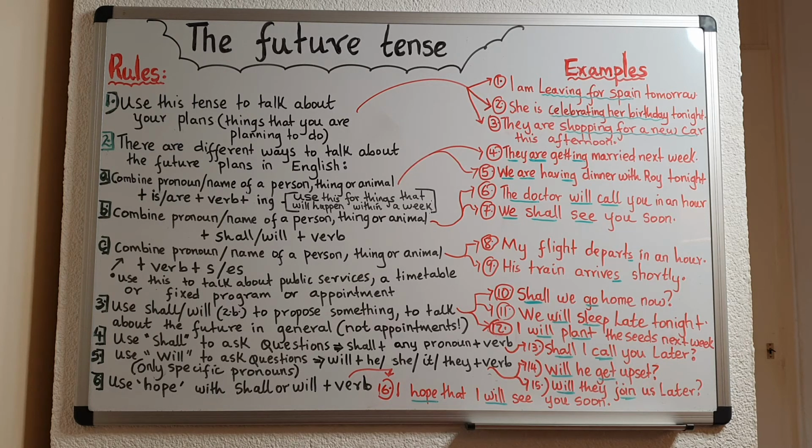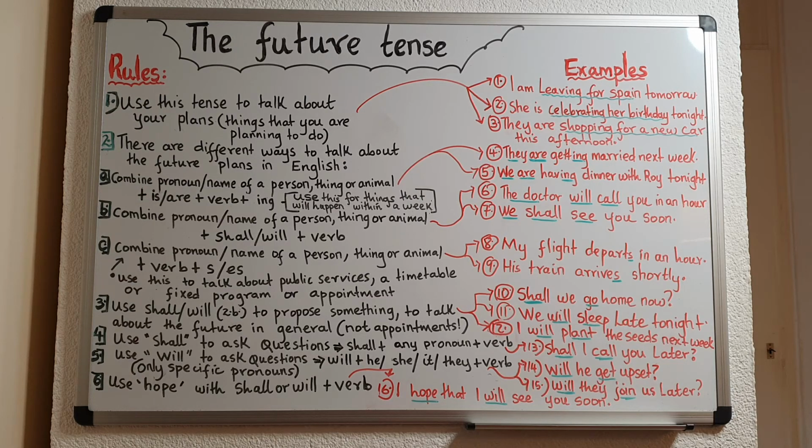Okay, let us move on to rule number 3. Use shall or will, that is rule number 2B, to propose something, to talk about the future in general, not appointments, okay? So, for appointments, you use rule number 2C.